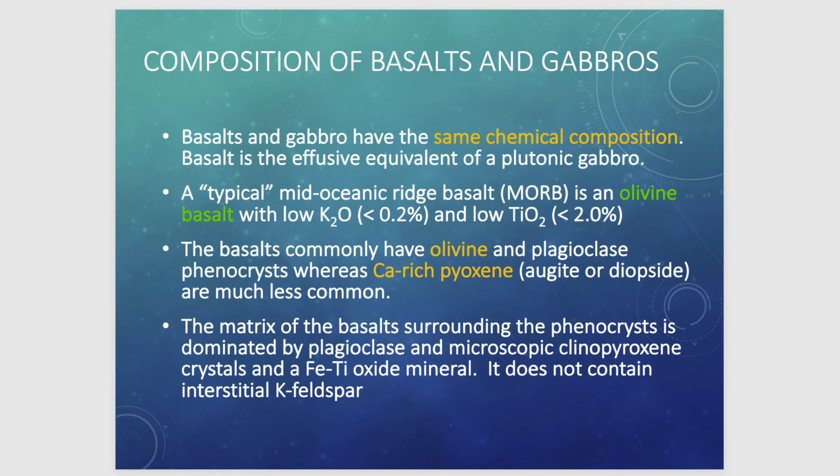The matrix of the basalts is usually represented by microscopic clinopyroxene and also plagioclase. And then you have your oxides, so there is a little bit of iron and titanium oxides. It will also not really contain very much K-phosphate, which is expected.